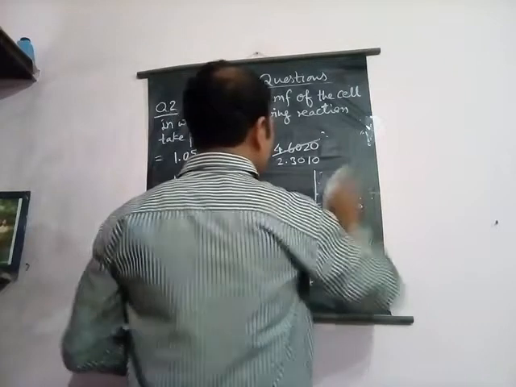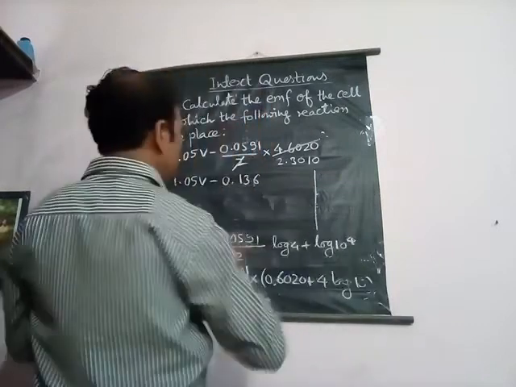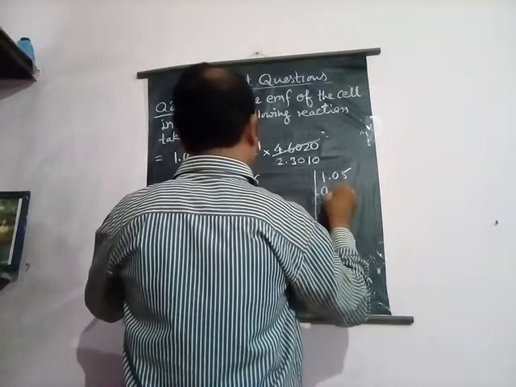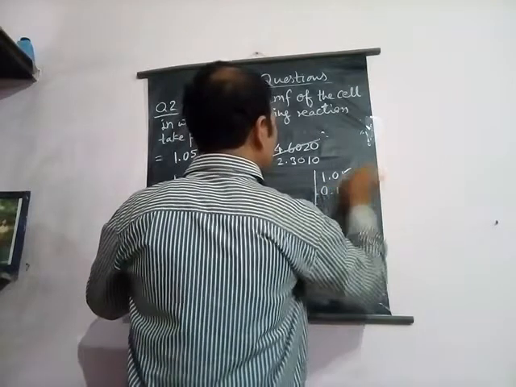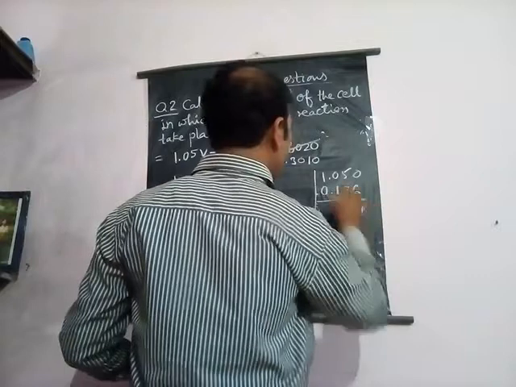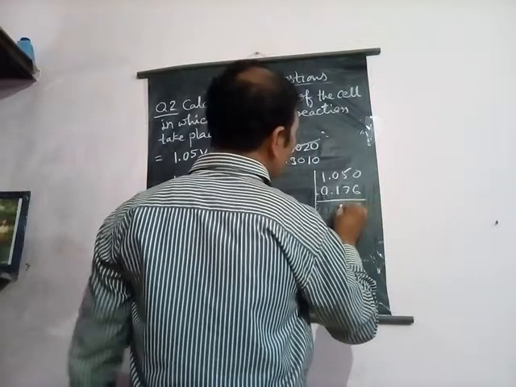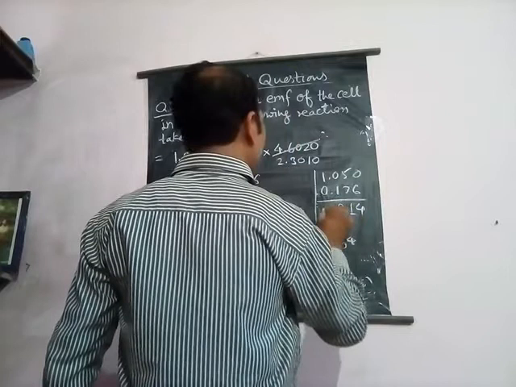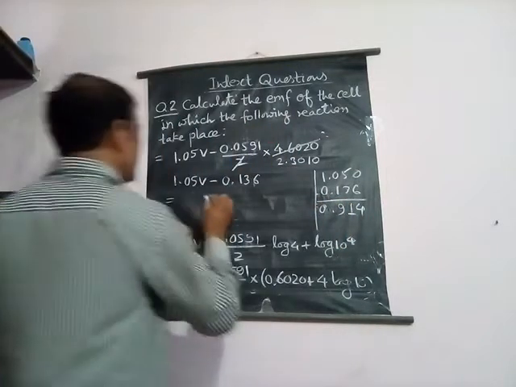So if you find out its value, you will get 1.05 minus 0.136. Okay, so 4 will provide you 1, and it will provide you 0.914.